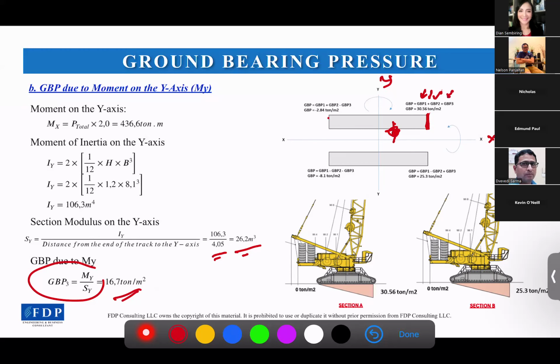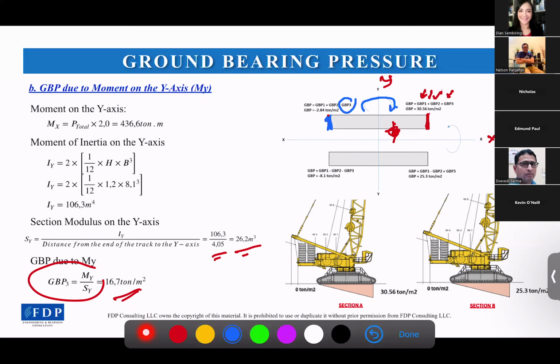And for this track, because the COG intends to make the crane rotate to this side, the ground bearing pressure due to moment y we will use as negative here.